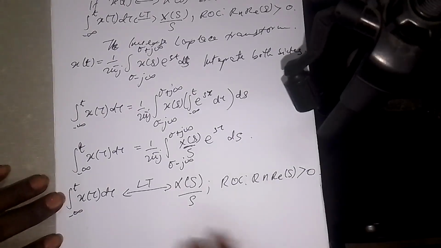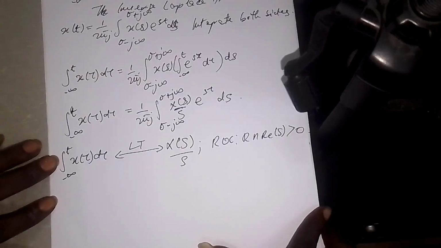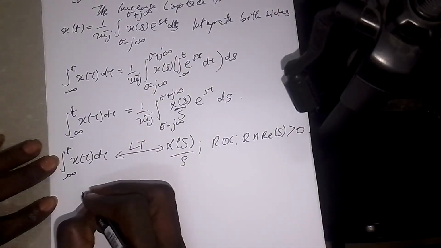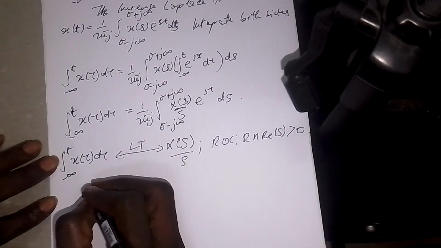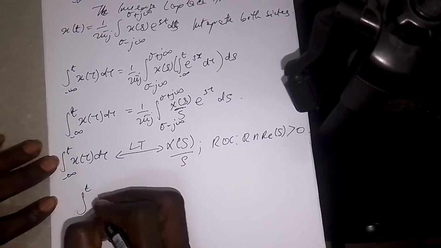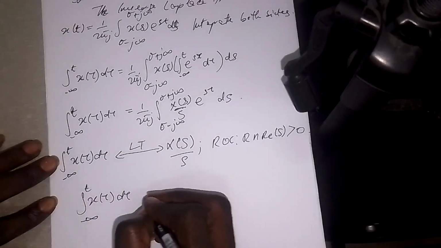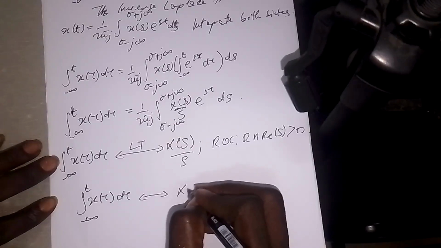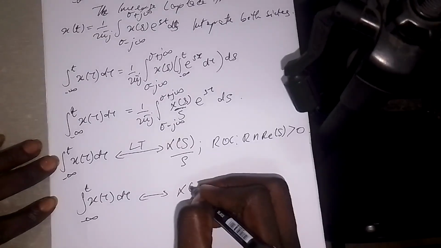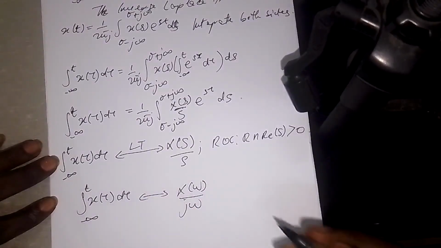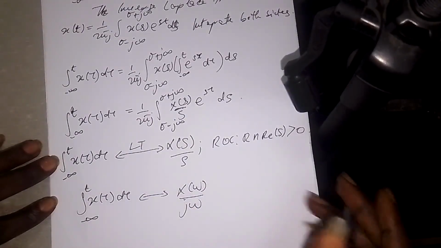If what I have done here were to be Fourier transformed, you can refer to our properties of Fourier transforms. Then I would get the integral from minus infinity to t of x of tau d tau, being the Fourier transform of x of omega over j omega.